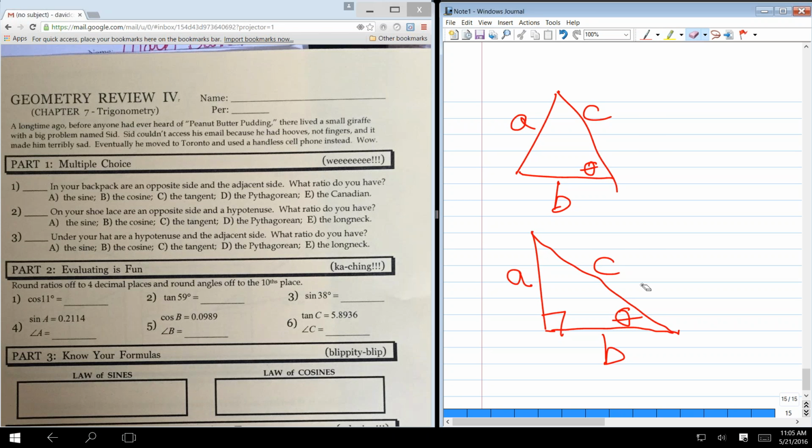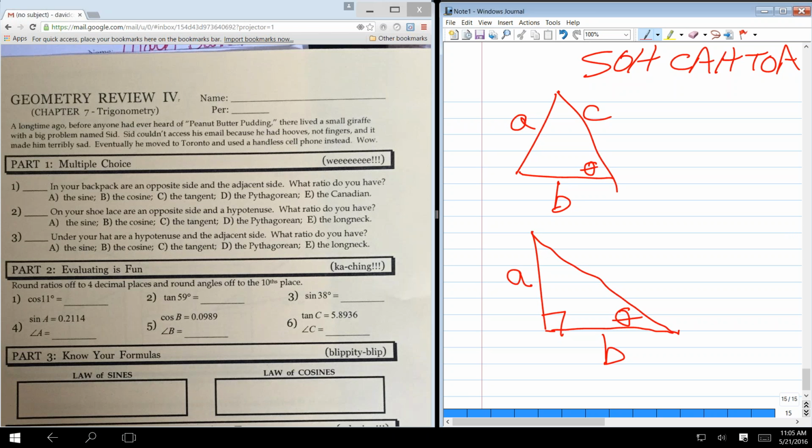So what do we have if we have an opposite and an adjacent? Now you need SOHCAHTOA. Which one applies?